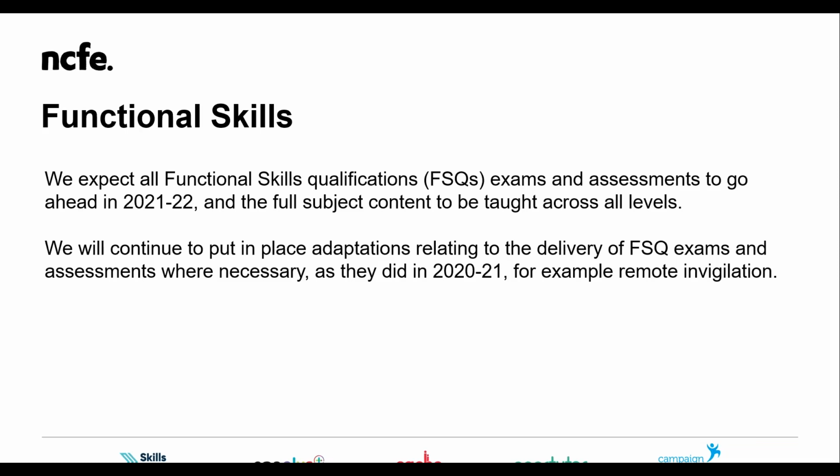And we expect all these adaptations to continue to be available to support with the delivery of functional skills qualifications and exams, given that exams and assessments are expected to continue to take place in this next academic year. So for the full details on what adaptations are permitted for functional skills, that will be published in the adaptation addendas on our website Qual Hub later in this month of August, but will certainly be available to you prior to the 1st of September.